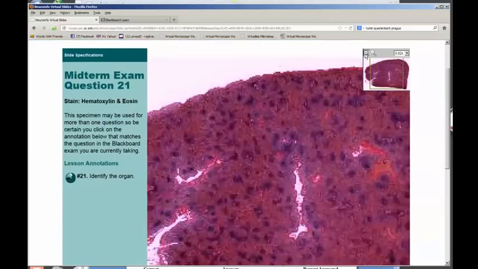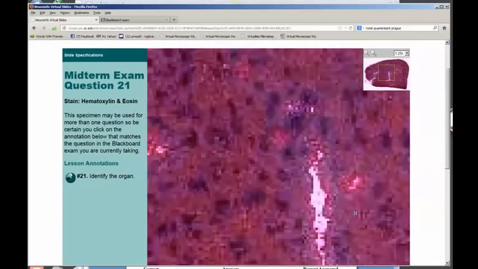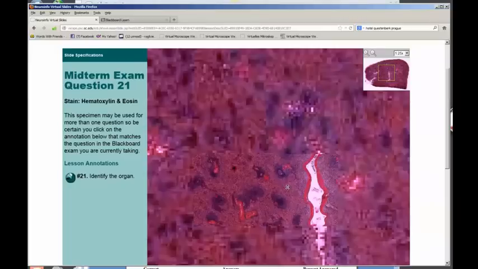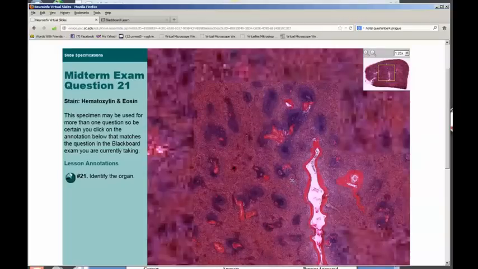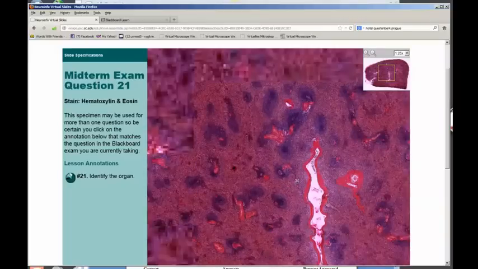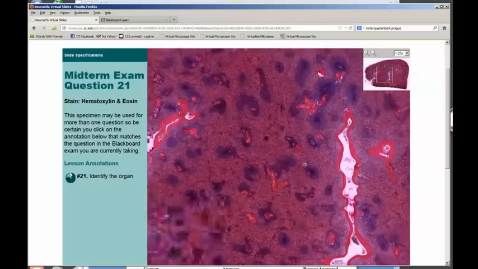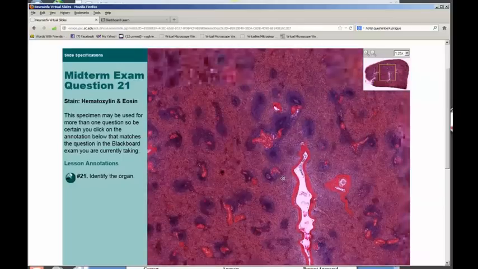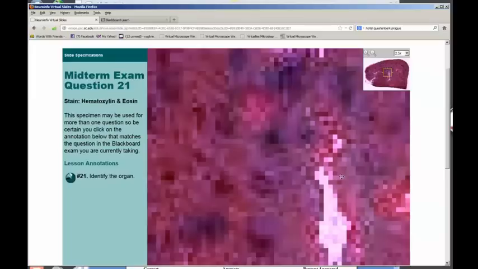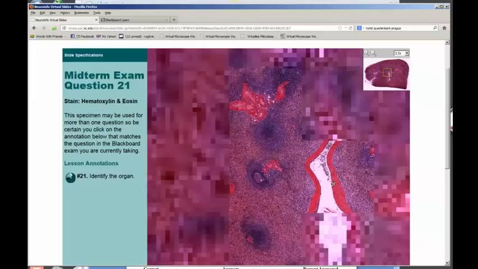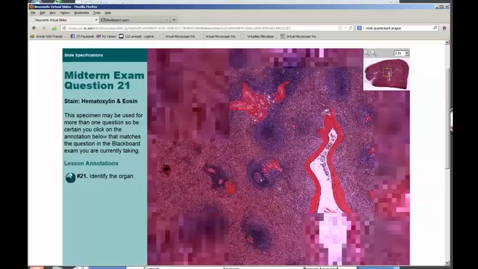So we increase maybe two magnifications, and you can go much higher than that. You see these blue areas here. You know it's not a lymph node because you don't see a cortex and medulla. So now you look for one of the unique structures in the spleen, which is the central artery, the artery that runs along.